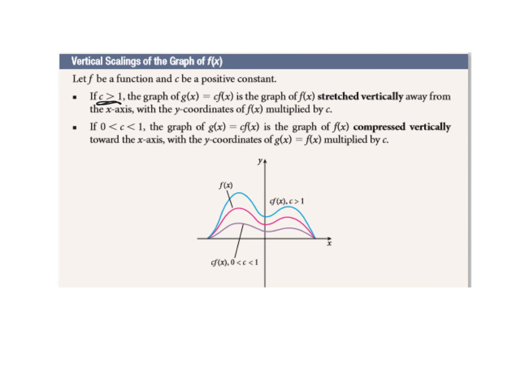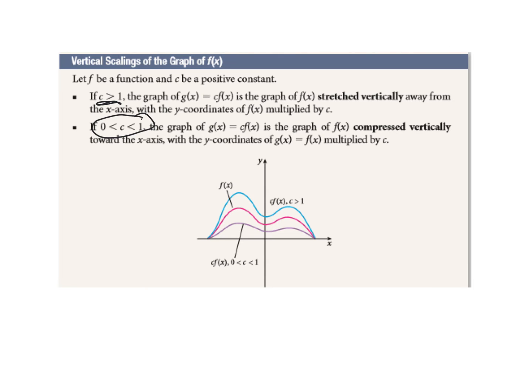You're going to flip it over the x-axis. So if you multiply it by a positive number bigger than 1, it becomes stretched out. If you multiply it by a fraction between 0 and 1, it shrinks. If you multiply it by a negative number, it gets stretched out and it flips.